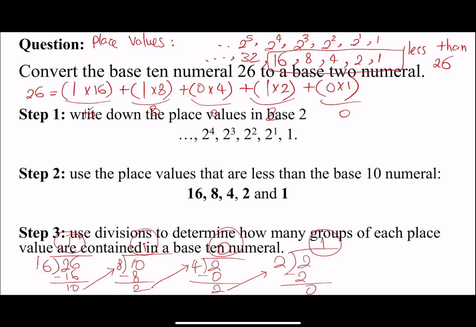Now I have 0. So the last place value left is 1. So that's your remainder. The number of groups are your remainder, right? So we have then 1 group of 16, 1 group of 8, 0 groups of 4, 1 group of 2, and 0 groups of 1.